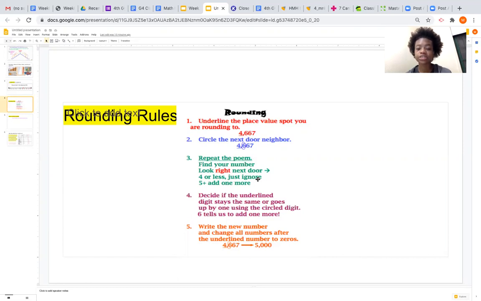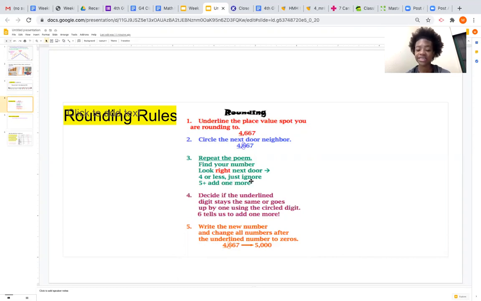And that digit is going to tell us whether or not our digit in the place value is going to increase by 1 or if it's going to stay as it is. If the digit that is circled, so the digit to the right of the underlined digit, is 4 or less, the number will not change.